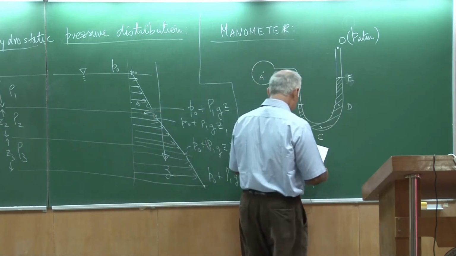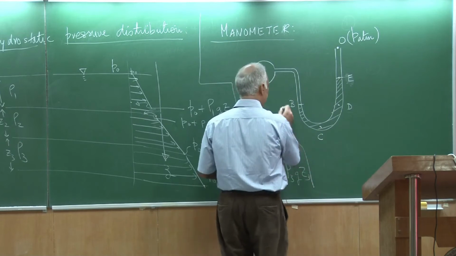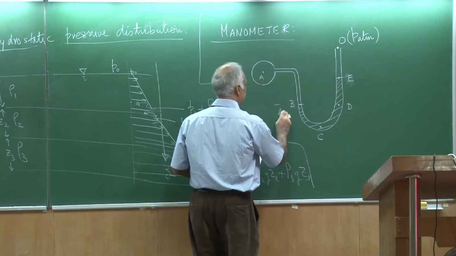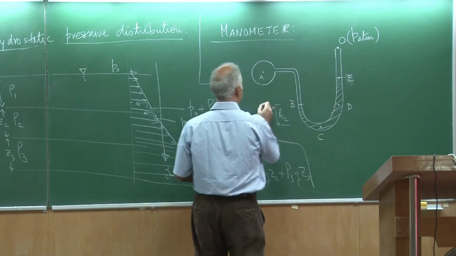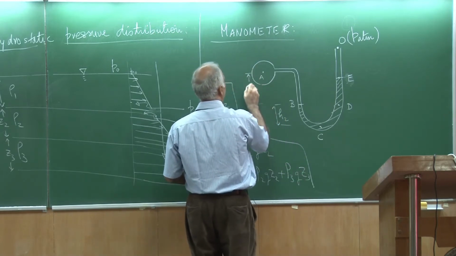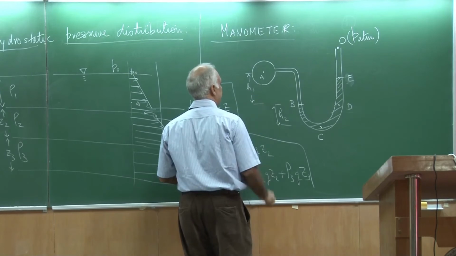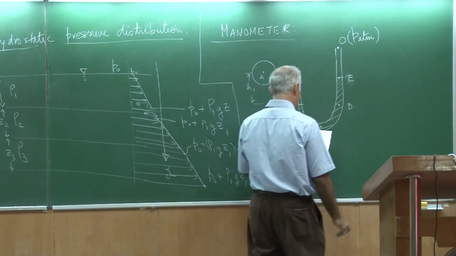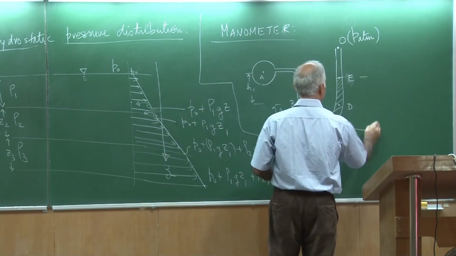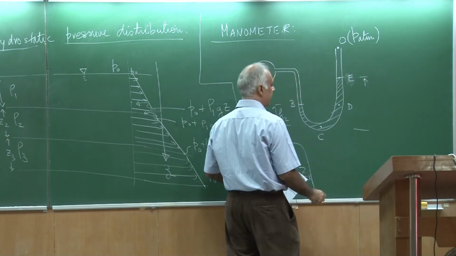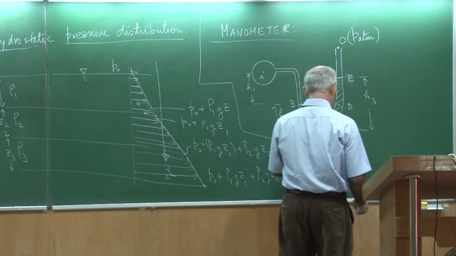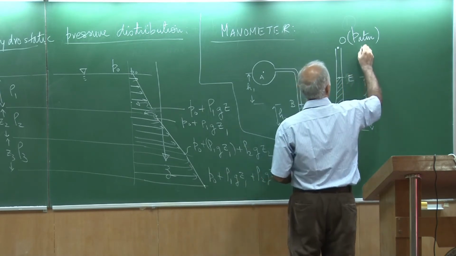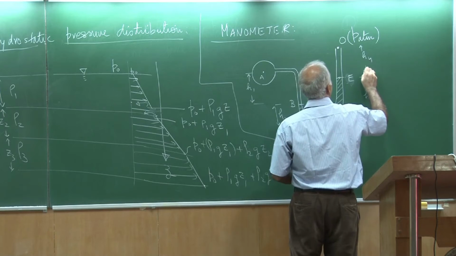I am going to mark the different heights. So, let us say this height is H2. I will mark this as H1. This height between E and C, let us say this is h3, and this over here is h4.